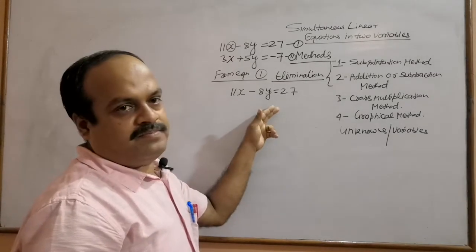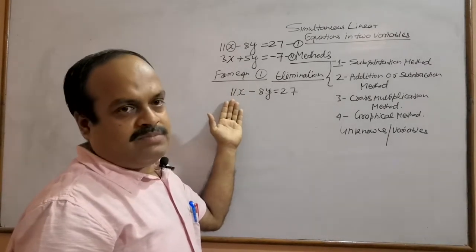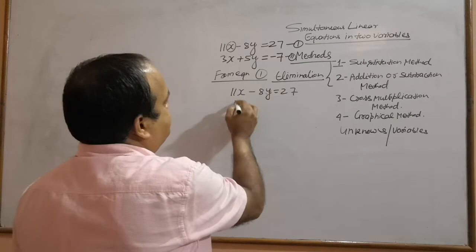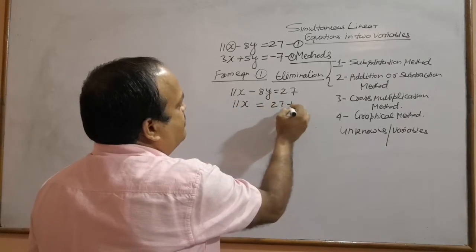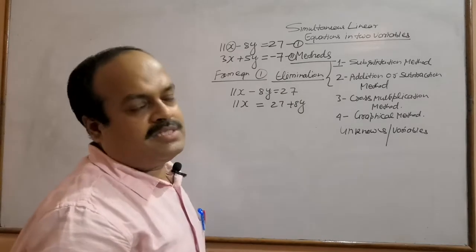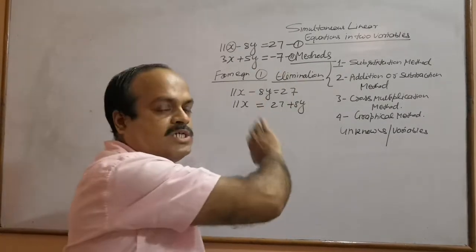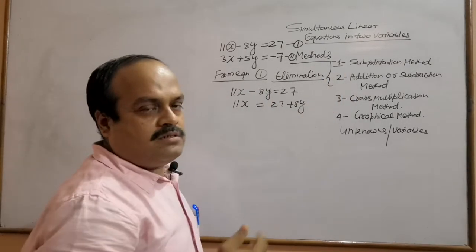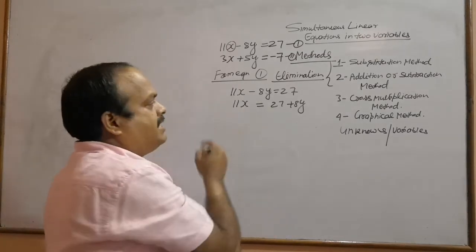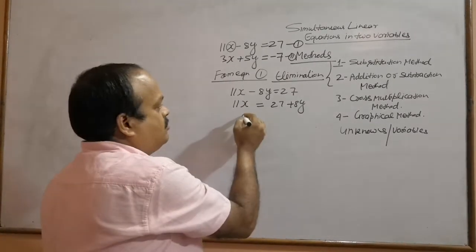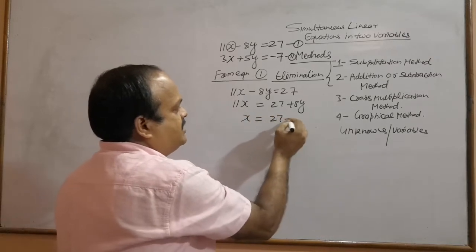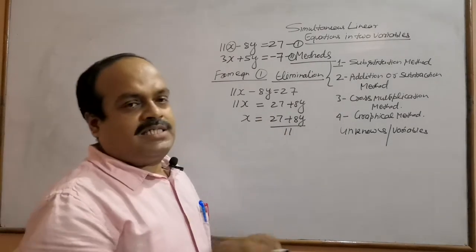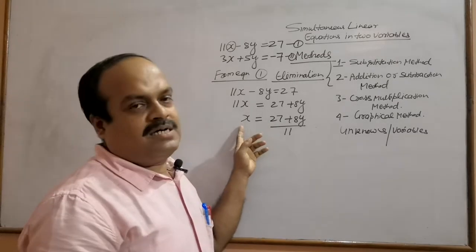So if you wish to make x the subject, then the other term should be shifted to that side: 27 plus 8y. I hope you know this change of subject. How do we shift one term to the other side? Subtraction converts to addition when you shift to that side. Then x equals 27 plus 8y upon 11. So at this step you have made x the subject.